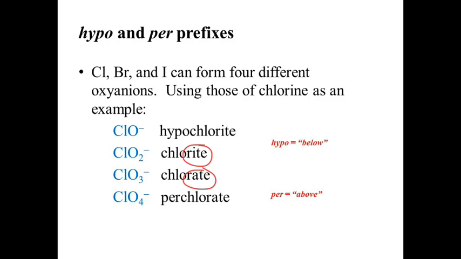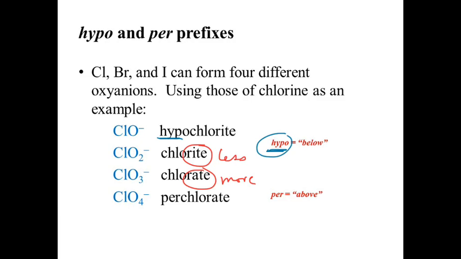And bromine would do this, and iodine would do it. I don't think fluorine does. But right down in the center, we have less for ite, and we have more for ate. If you have even less than less, like if you are really, really chilly, your temperature is really below normal, you're hypothermic, so we actually add a prefix.